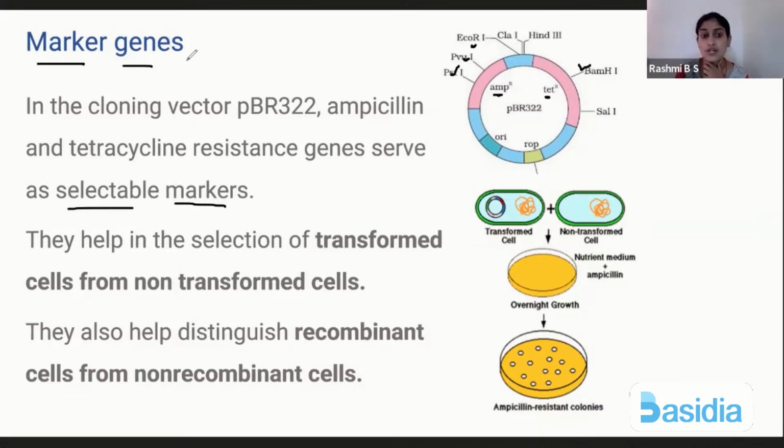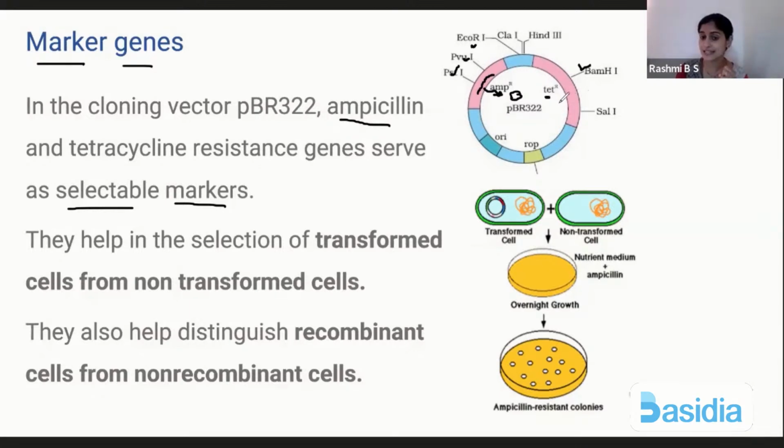What does it mean? It means ampicillin resistance. That means this gene makes some protein. The ampicillin gene is somewhere here, overlapping in nucleotide sequence with the cloning sites. It can happen. This ampicillin resistance gene will make some protein, and this protein is going to protect the bacteria against ampicillin.